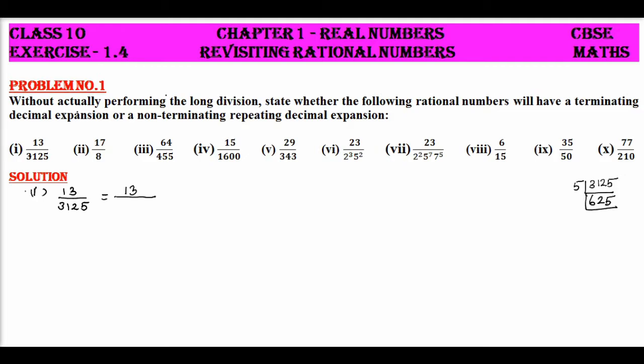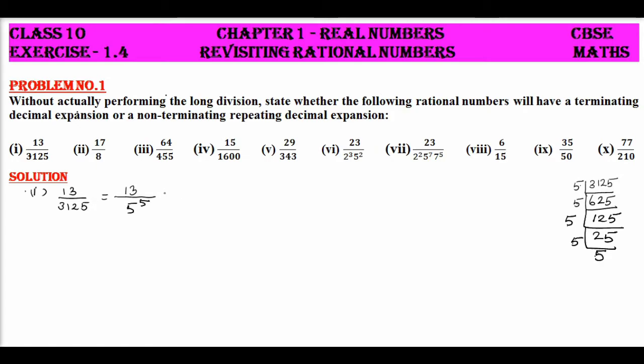When I again divide it by 5, I get 125. Then again let me divide it by 5 so that I get 25. Then again dividing by 5, I get 5. Since 5 is a prime number, we stop here and we see that we have got 5 times 5, that is 5 power 5.